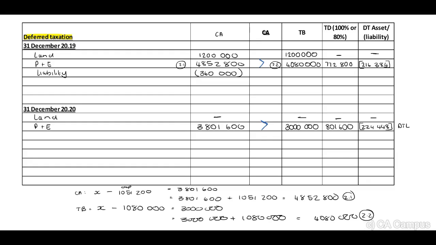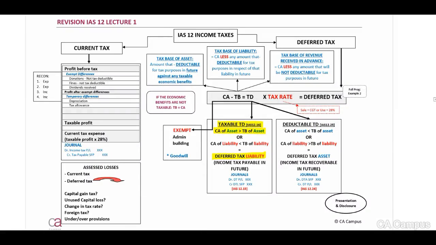Therefore, this is a liability that they need to include in their records for 2019 because this was taxed in 2019. Okay. Therefore, in our deferred tax calculation for 2019, we need to include this liability, and this is the 360,000. What is our tax base? 0. Because this has already been taxed. Guys, in 2019, when you look at our principles, remember the tax base of revenue received in advance will be the carrying amount less any amount that will not be deductible for tax purposes in future.